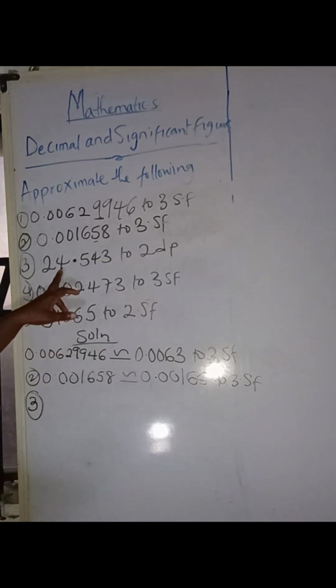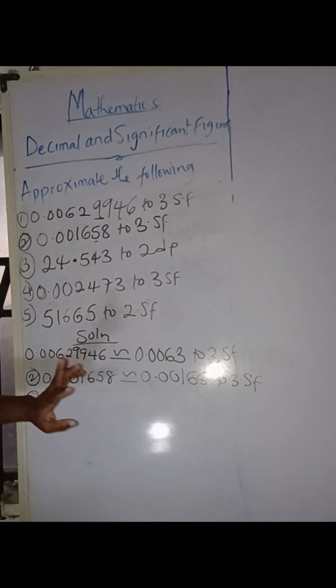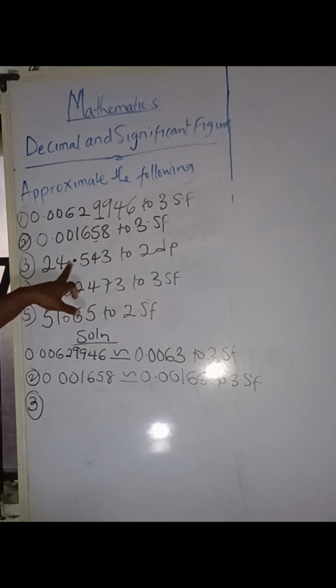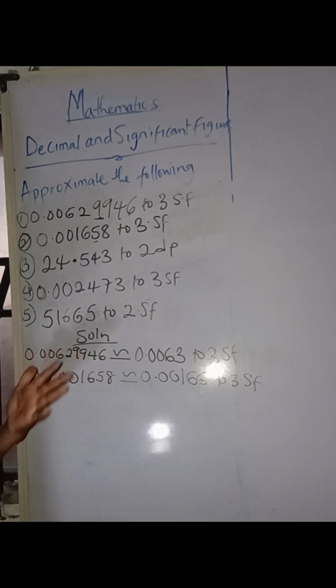I hope you understand. So now we are counting after the decimal point. We'll count 2 values after the decimal point. So you don't have any business with the value before the decimal if it is in decimal places. But if it is significant figures, you start counting from the very first significant number. So that's just the concept.